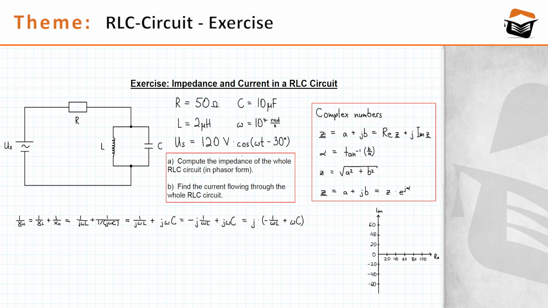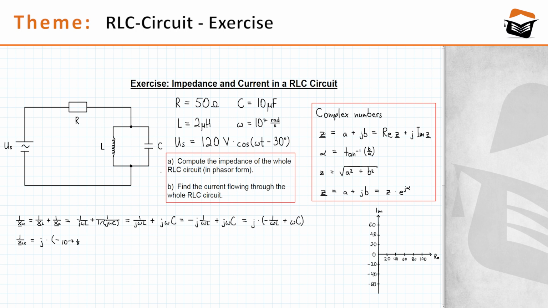And now let's plug in the values that are provided. Sorry, I forgot to underline this X. It's gonna be J times, okay, we have a lot of numbers to plug in here, minus, I'm gonna start with the denominator, 10 to the minus 7th power radians per second, or just 1 over second.